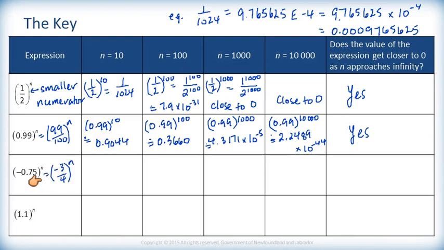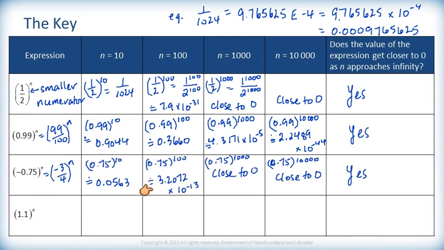For this next calculation, -.75 is the same as -3/4. 3 is smaller than 4, so the top is going to increase more slowly than the bottom. So a bunch of calculations for those four. These two are actually too small for my calculator. My calculator actually tells me it's 0, but it's not. It's just close to 0. So the expression does get closer and closer to 0 as n gets large.